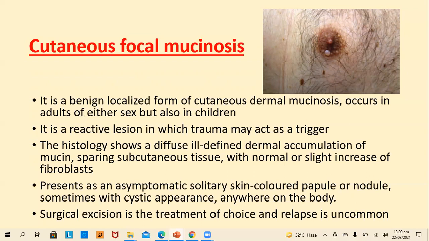Patients present with an asymptomatic solitary skin-colored papule or nodule, sometimes with cystic appearance, occurring anywhere on the body. Surgical excision is the treatment of choice and relapses are common. You can see this cutaneous focal dermal mucinosis.